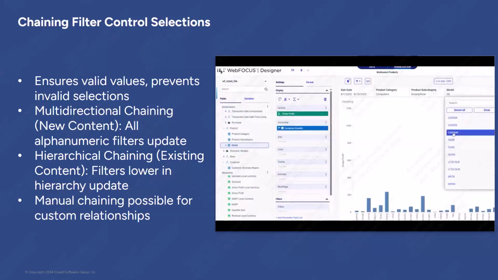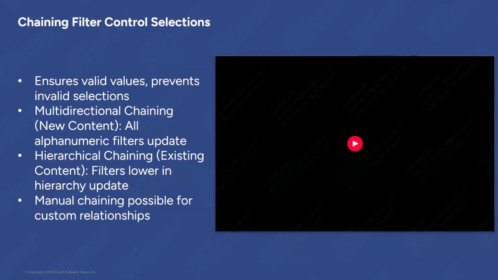And that prevents invalid selections, which you really never want in a UI. For new content, multi-directional chaining is the default, updating all the alphanumeric filters. For existing content, hierarchical chaining is common, where the selections only really affect fields lower in the same hierarchy. And I'm going to show you some examples of this in a minute.